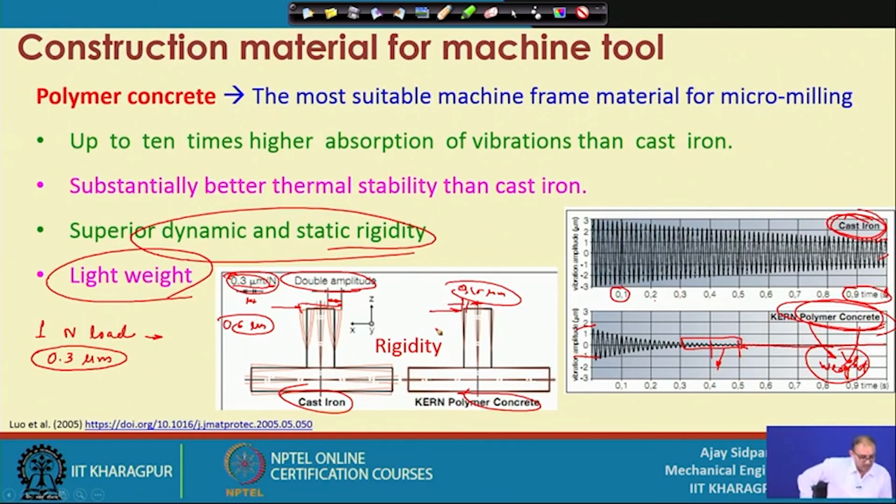Other than that, you can get long term stability, and this long term stability is very important, because when you are using micro scale machining, you end up with a machine that after 6 months or 1 year is not behaving as it should behave after some usage.